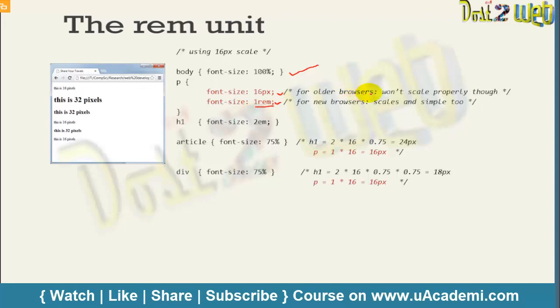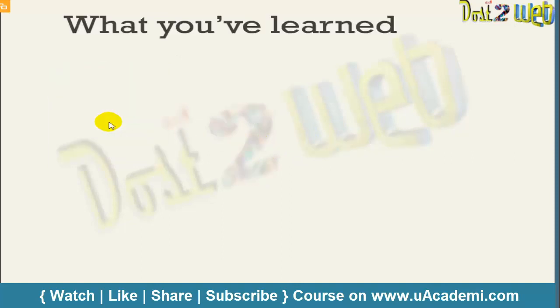For older browsers, the moment you define both, the pixel value will be taken, and on the new browsers, whatever the latest browser you have, it will take the 1 rem. Similar way you can define, the same way it will happen for all. So this way you can use rem unit.